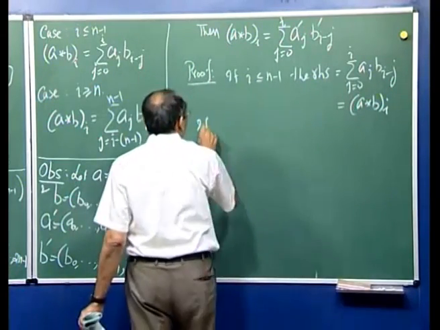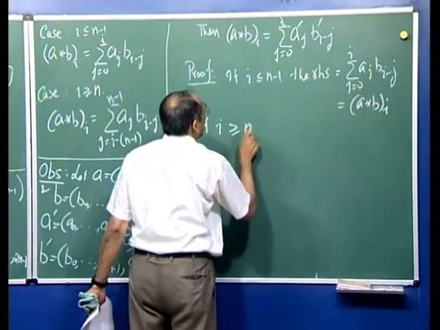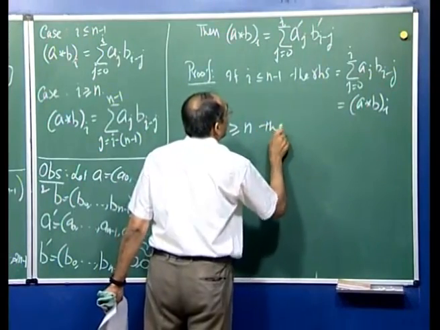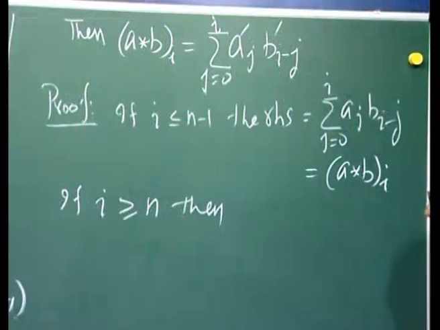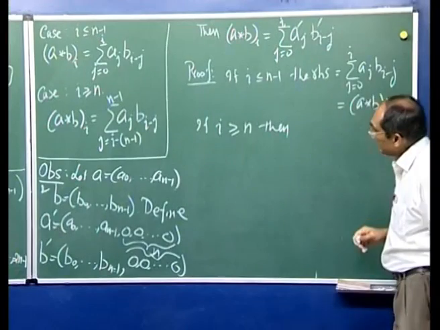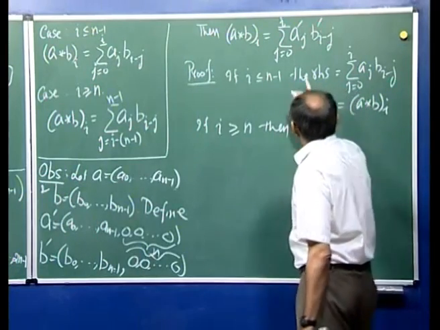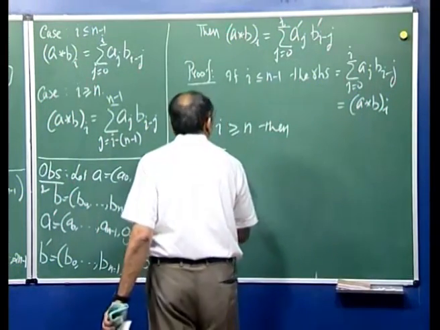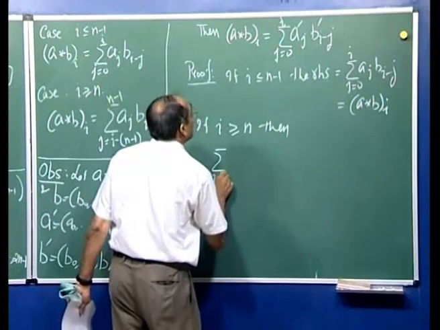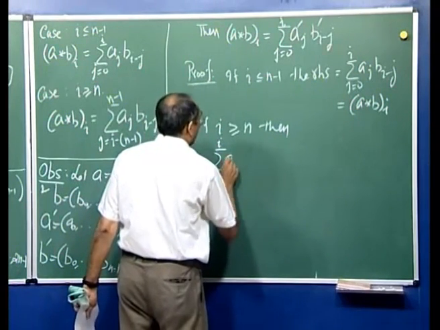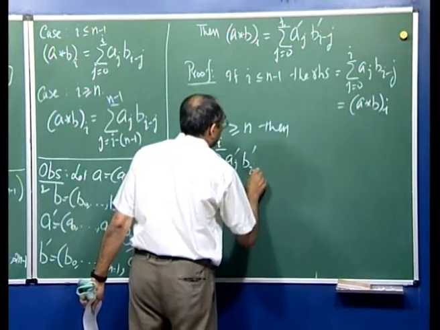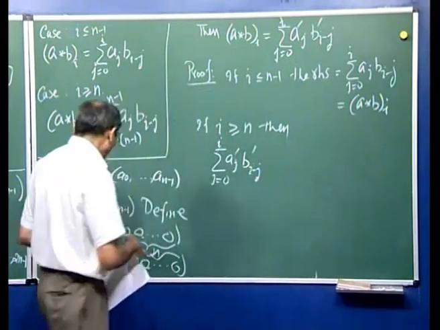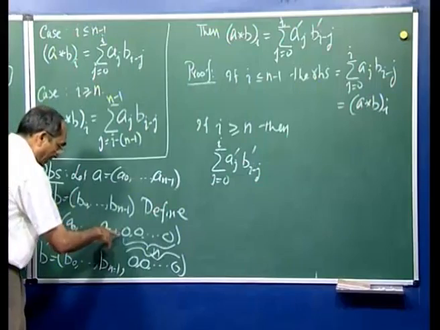And if i is greater than or equal to n, then what is going to happen is that this expression, sum over j from 0 to i of A prime j, B prime i minus j. Keep in mind, every index greater than n minus 1 is 0.